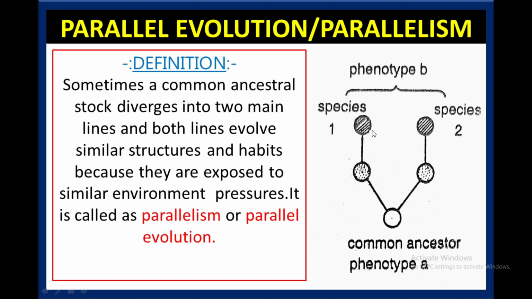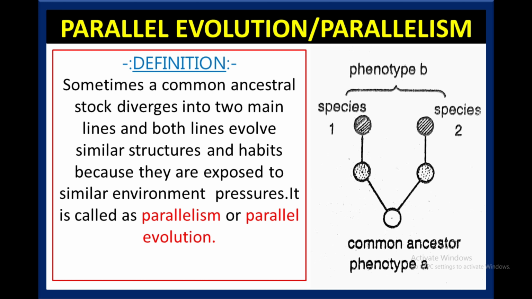These two new species, species 1 and species 2, are expressing phenotype B. Why are they expressing the same phenotype? Because they are exposed to similar environmental pressure, so they have similar structure and habits.